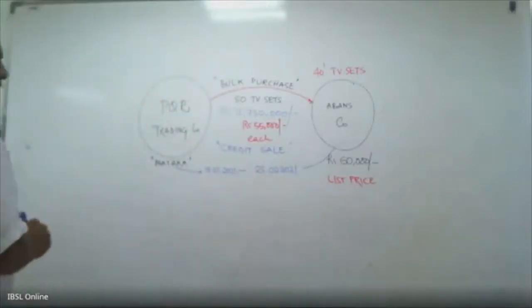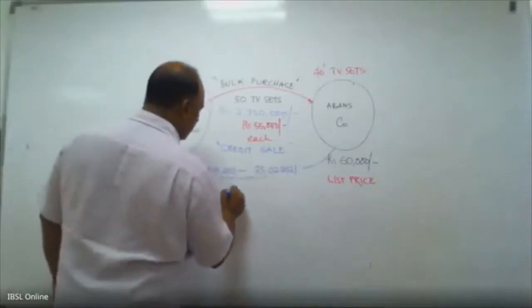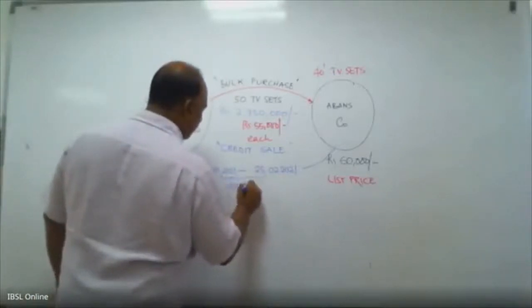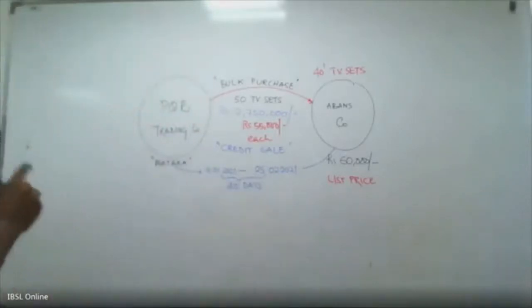Okay, so roughly how many days am I talking about? 45 days. Correct? 10 to 10 is 30, plus another 15, roughly about 45 days.